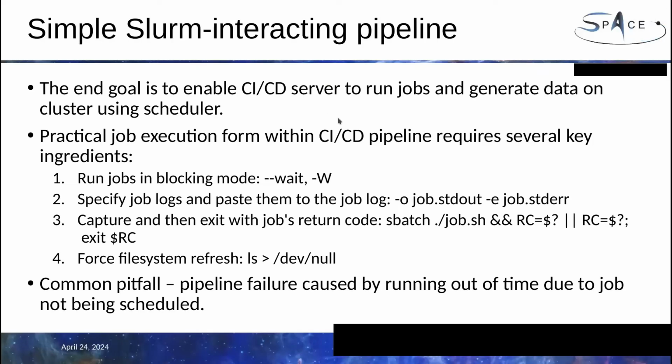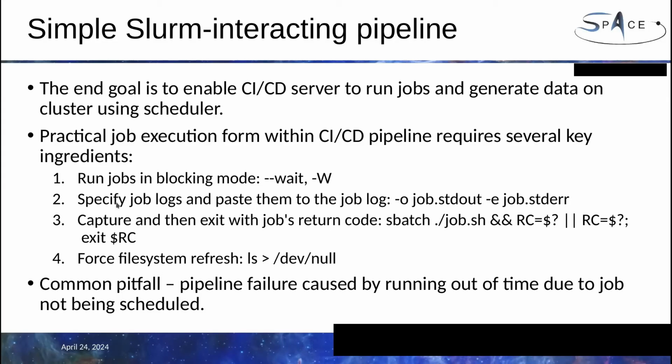So just to sum it up, the point of this presentation is to show you how you can make your pipeline execute jobs on a cluster. As I was mentioning, we need several ingredients for it to be actually practical, so we can debug or see the errors where they occur, or actually wait for the job to finish, and so on.